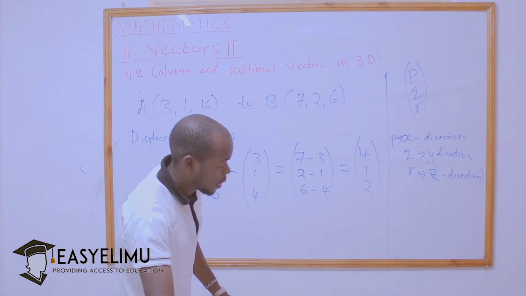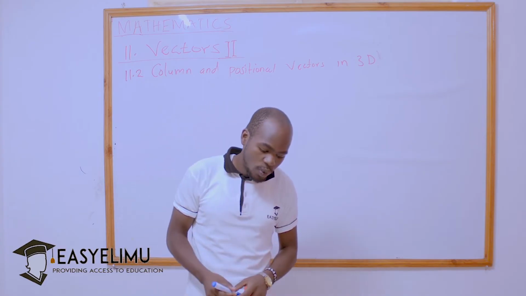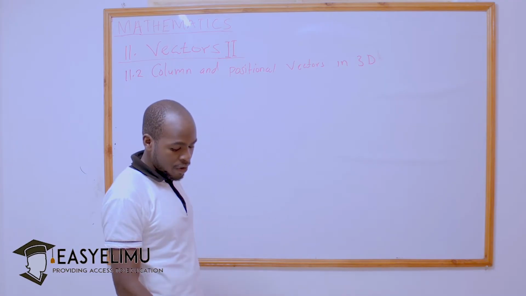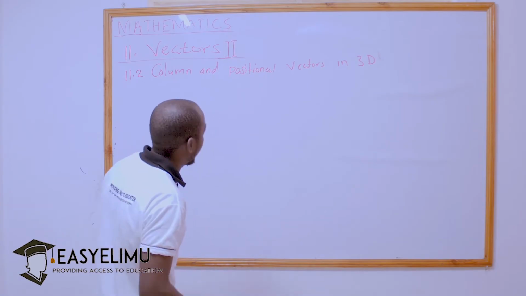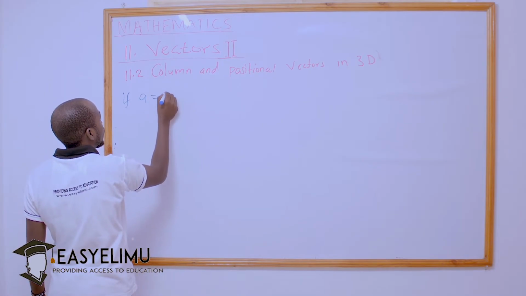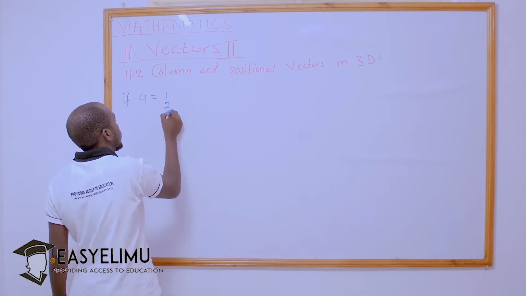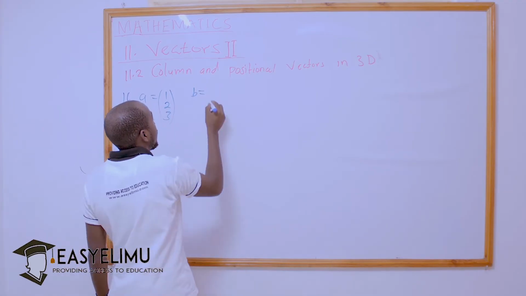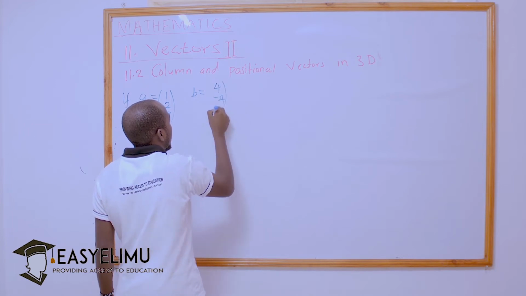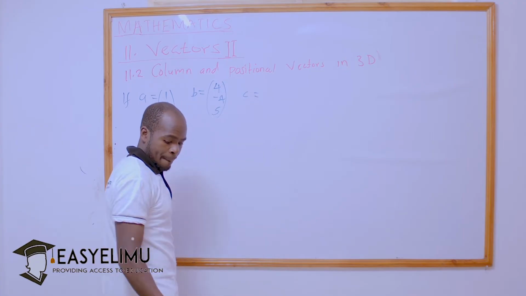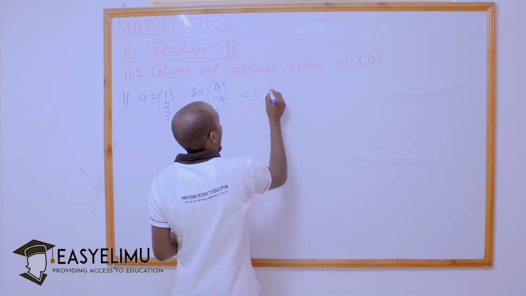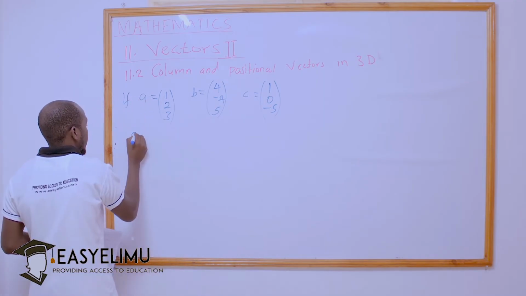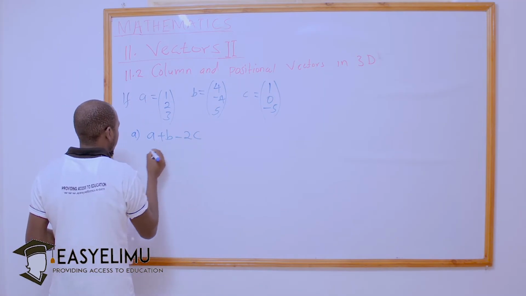So an example we have: if A is 1, 2, 3, B is 4, negative 4, 5, and C is 1, 0, negative 5, find A plus B minus 2C.